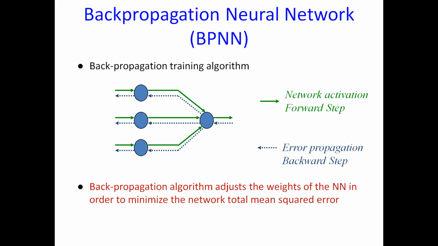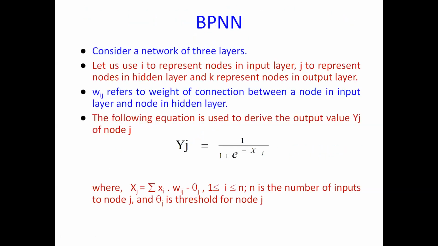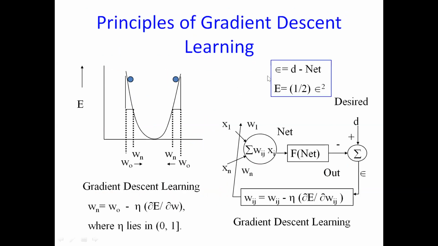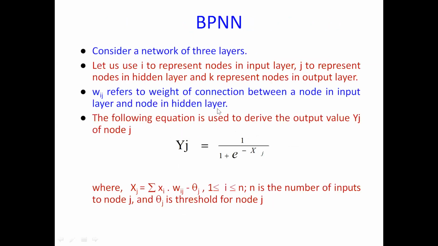Now, before going to the backpropagation neural network, we can at least discuss the basic construction of the BPNN, that is the backpropagation neural network. But before going deep into that, we will first discuss a few more important terms so that we can understand this backpropagation neural network training algorithm in a better way.